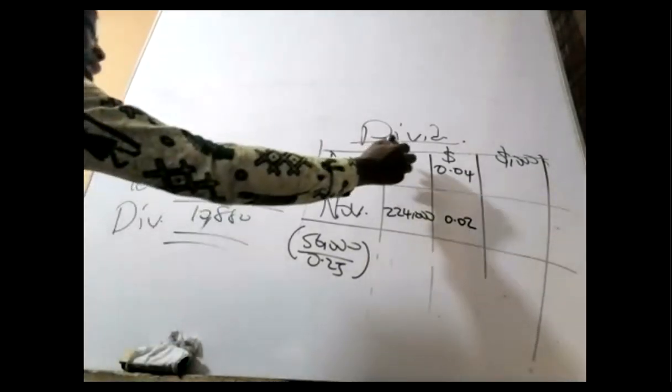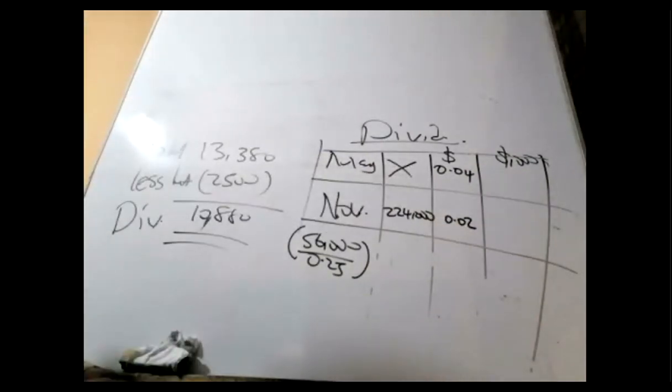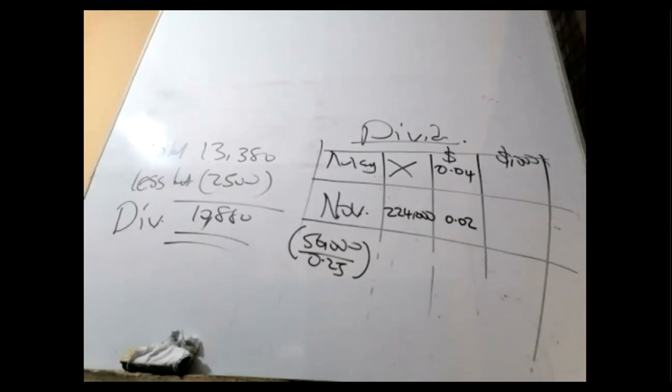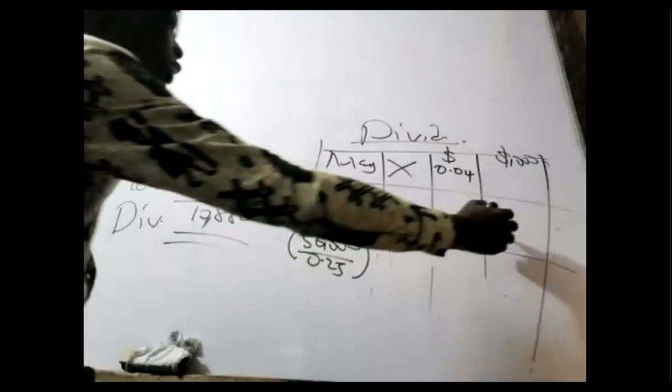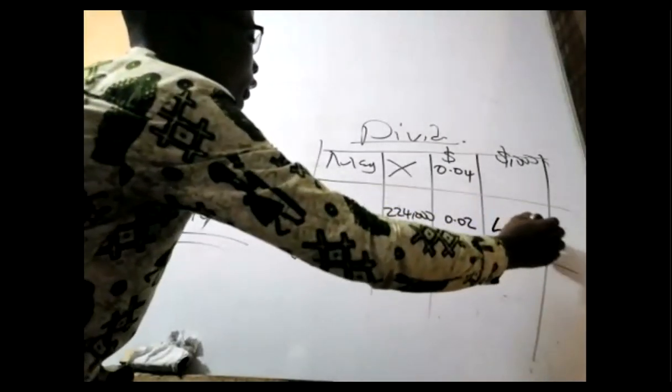Now what's left in this one? I want to calculate it. What will be the total value? It is 4,480.